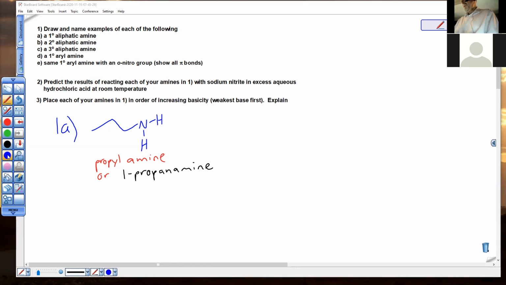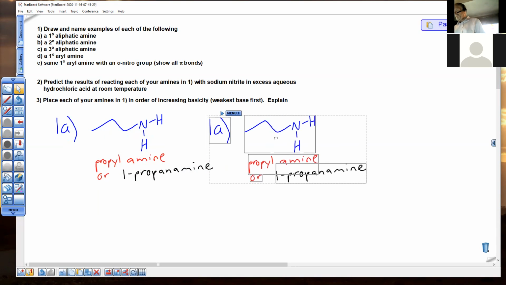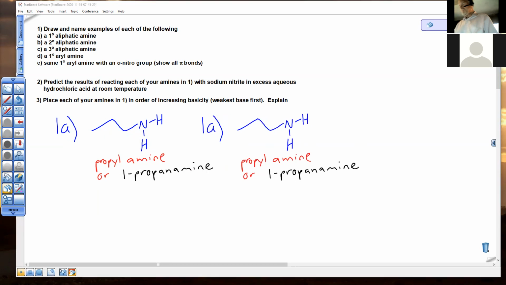And 1B. Let's make our life easy, right? Stick with our propyl theme. Put 2 propyls on there. Dipropylamine would be its common name.